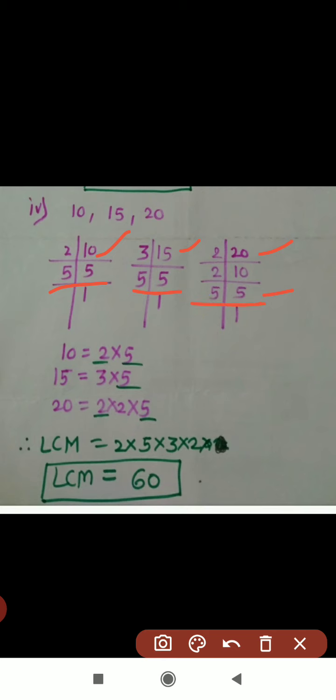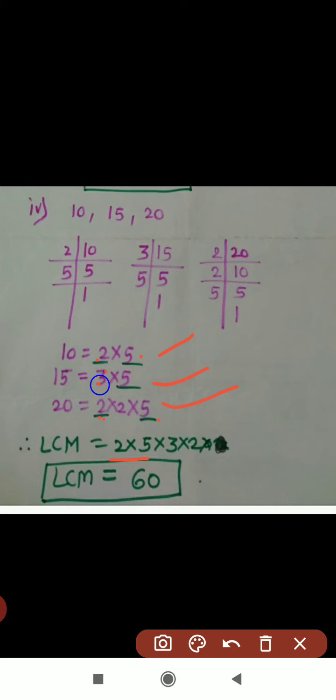So what are the factors of 10? 2 into 5. 15 is 3 into 5. 20 is 2 into 2 into 5. So which is common, I underlined with the green sketch pen. Here 2 is common in two and 5 is common in all. So I wrote here 2 into 5 first.